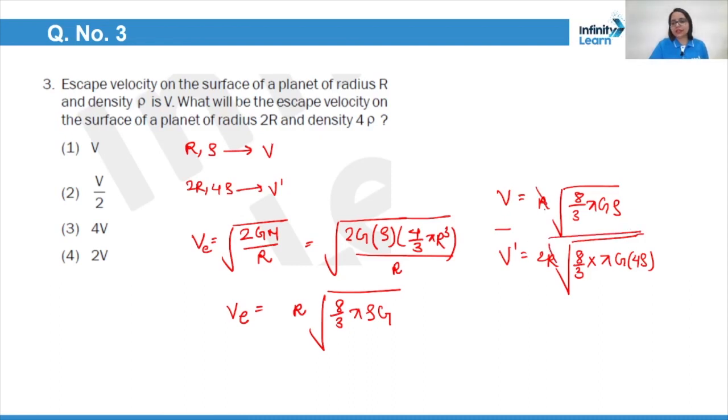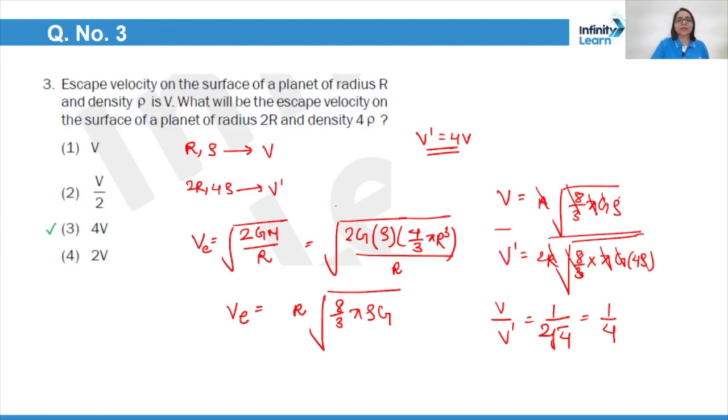So r will cancel this r. 8 by 3, 8 by 3 cancel, pi cancel, GG cancel, rho cancel. So we have V upon V dash is equal to 1 upon 2 under root 4. Under root 4 will be 2, so it is 1 by 4. Right? So V dash will be 4V. New escape velocity on this planet will be 4V.